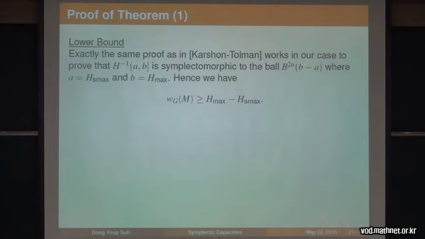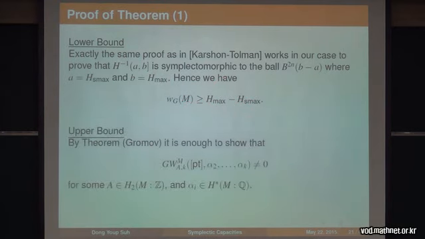In our case, this computation was done by Kaist and Tolman, and we do exactly the same computation, and then we can see the Gromov width is greater than this. So we can actually construct an embedding of this size.